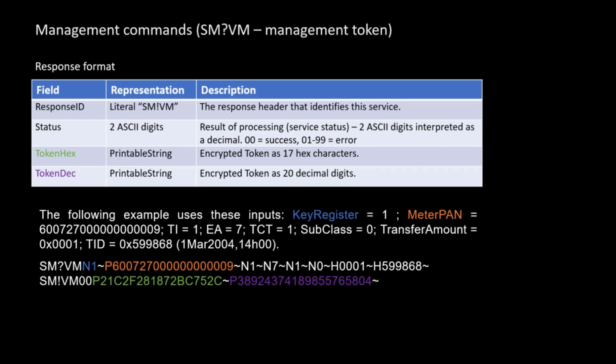EA is a 7, so you've got an N7, then an N1 for the token carrier type, subclass N0, and then the transfer amount H, and it's a 1. The token ID is H and then a 5998868. And what comes back is the token. The first one being in hexadecimal format in green, and in purple it's the actual 20-digit token.